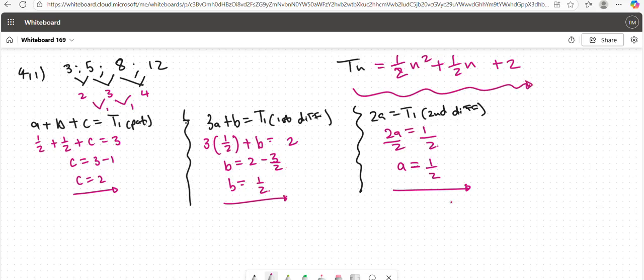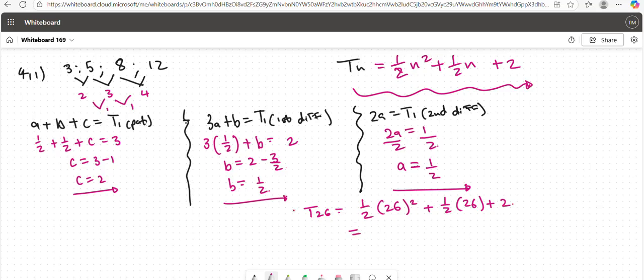Alright, so if you guys notice me making some mistakes, just let me know. But I think that should be correct. And so T26, you just substitute 26 there. So T26 is a half of 26 squared plus a half of 26 plus 2.